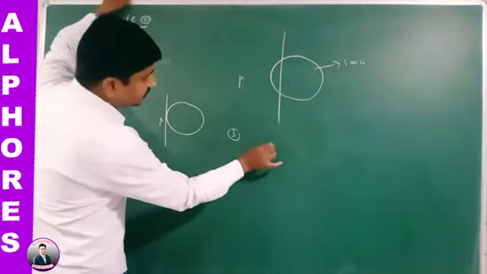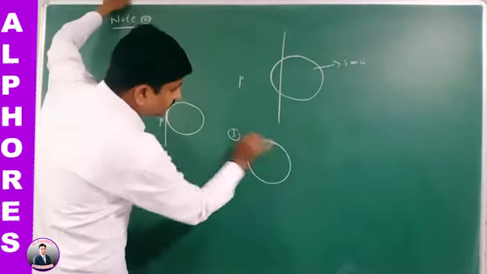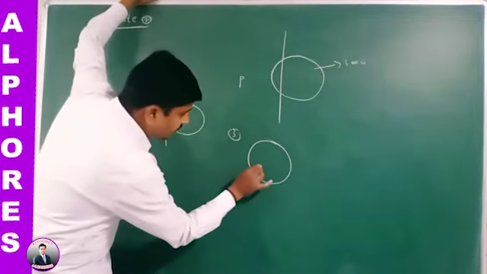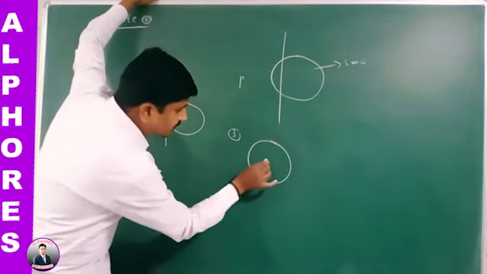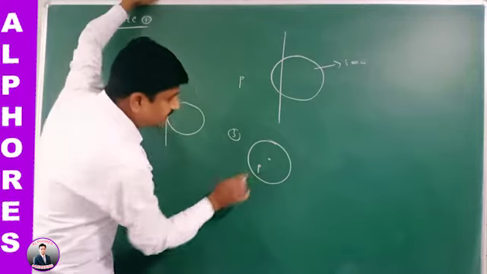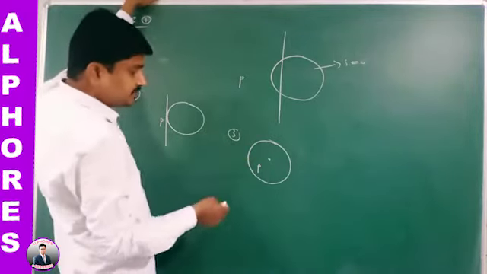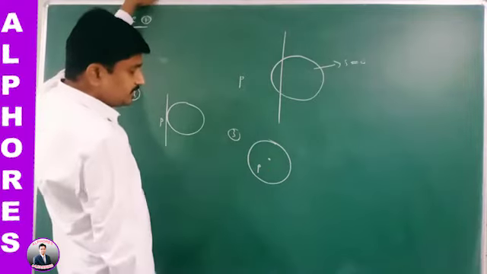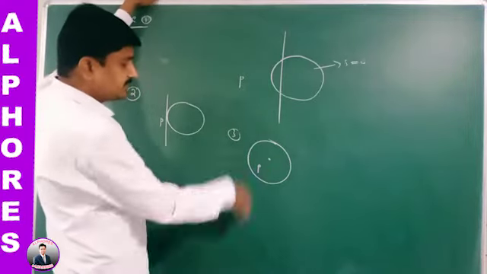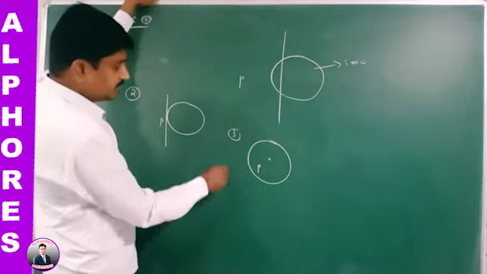Next. The point P lies inside the circle other than the center. Here P is not the center. Then the polar of P does not meet the circle.